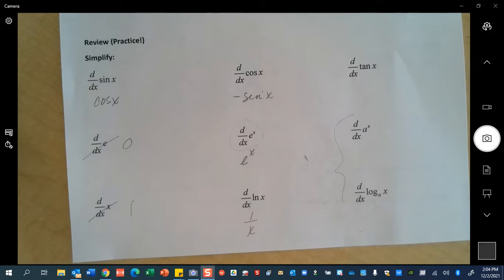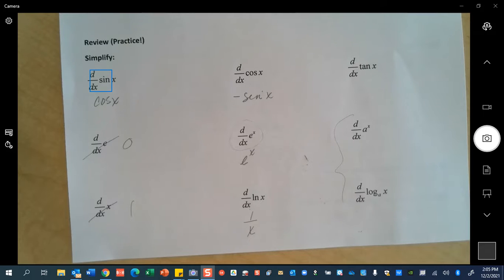I want you to look at the difference between these ones as they're given, because I put the natural log of e at the end of this, but this goes to 1.